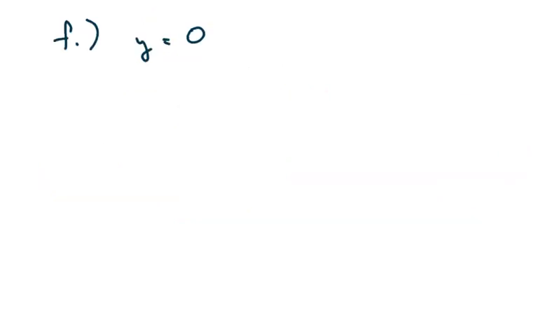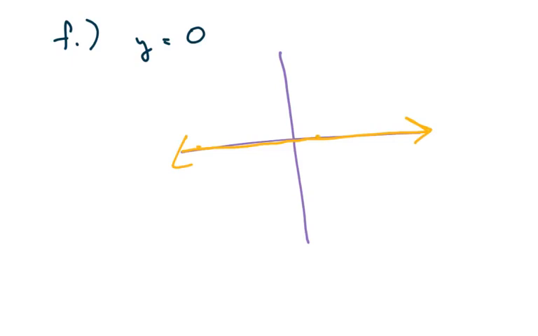Okay? Now, y equals 0. You may be tempted to say, well, hey, look, the last one, if you had one variable, that was not a function. What about this one? Well, y equals 0 is actually literally the x-axis. It is the collection of points (1, 0), (2, 0). So it's a collection of all the points that have a y value of 0, right?